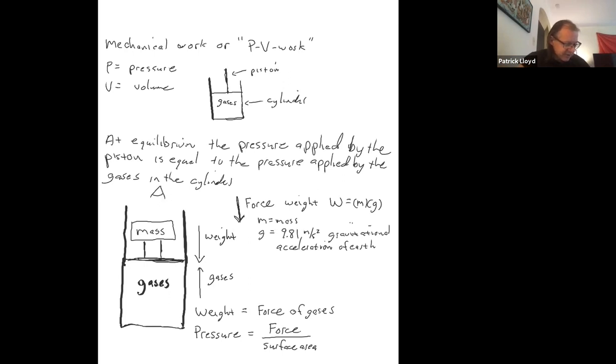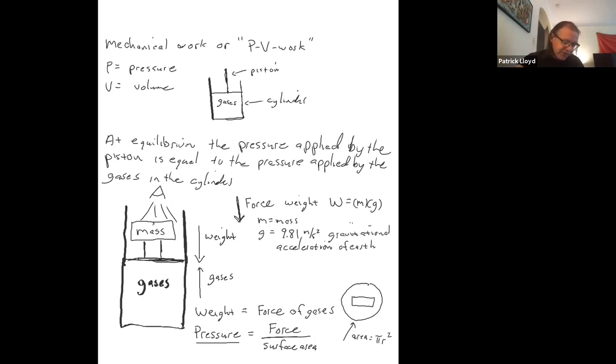So if we're looking down on it, what you would see is the cylinder, and then you would see this mass on it, right? So you're looking downward on it. That cylinder has an area. It's a circle, right? Pi r squared. So what we can do is define the pressure as being the force that we're applying due to this mass, due to its weight, divided by the surface area of the cylinder. Okay, it's kind of cool.